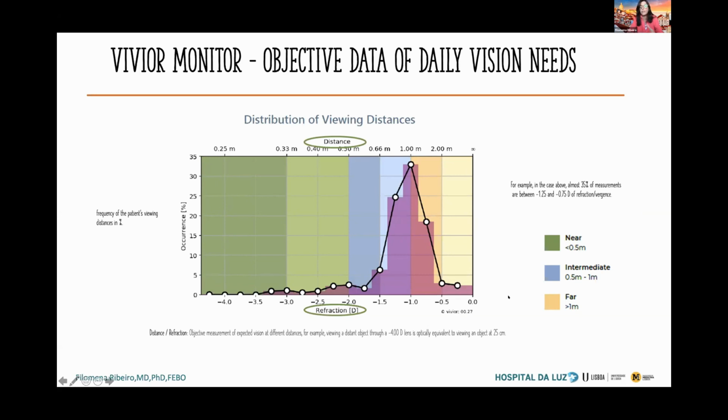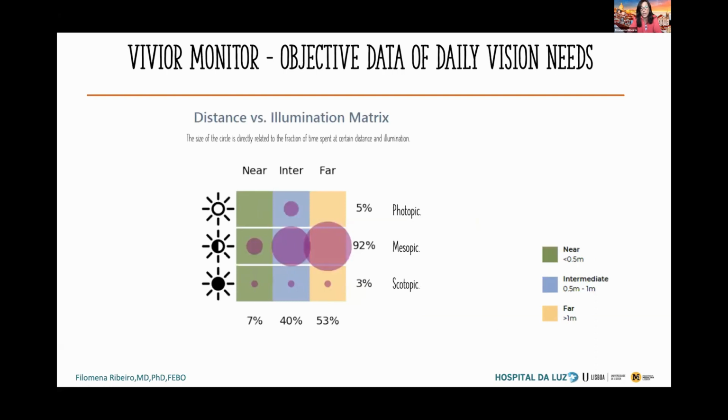And this is very useful for us to understand the visual needs of the patient. It also can give us the light conditions in which these patients are using near, intermediate, and far vision. It's like a combination matrix of all these values.